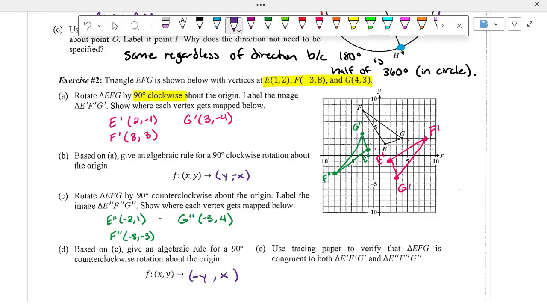Now, why am I asking you this? Look at the connection. If we look at point E, it's in quadrant 1. That's a good way of seeing where the rule falls. If we went clockwise, we end up in quadrant 4. Do you see a connection between the rule that we came up with and the signs we're supposed to have in quadrant 4? Look at the rule.